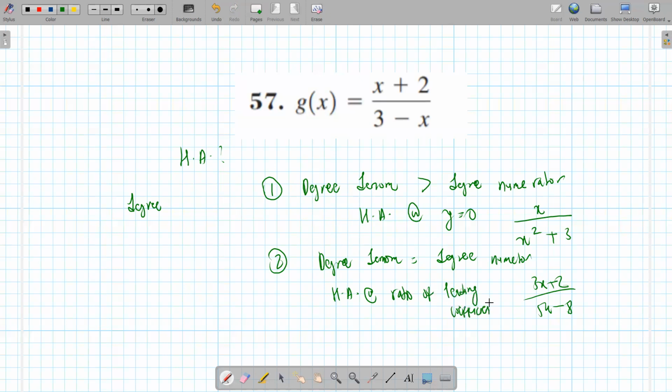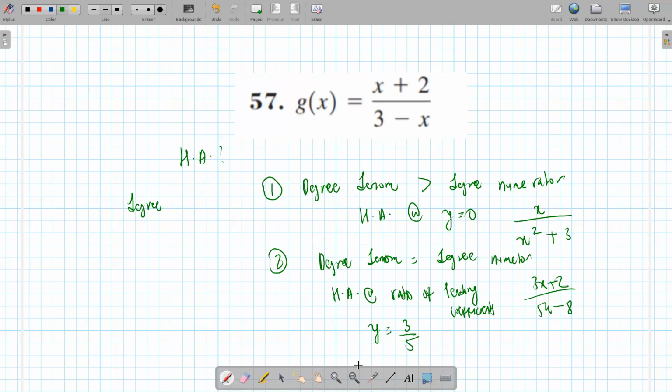What is that like? X is the thing that determines the degree, right? What's the coefficient of x? It's 3. On the denominator, it's 5, right? So the horizontal asymptote would be 3 over 5. Y equals 3 over 5. So for example, this would equal 3 over 5.